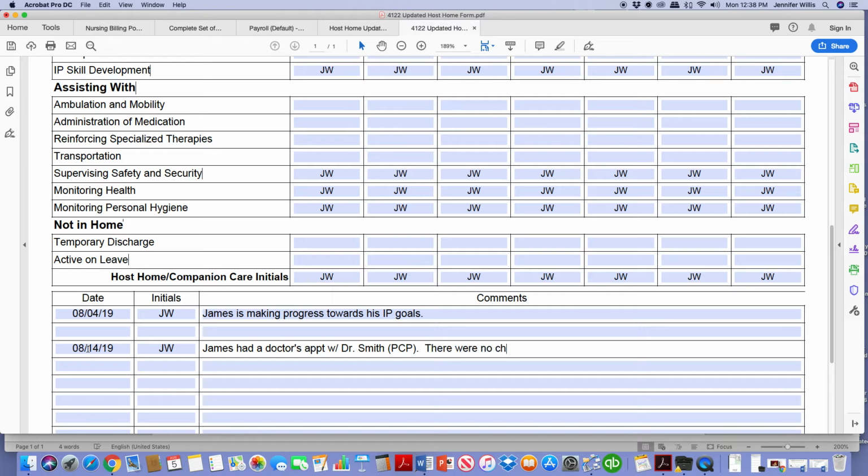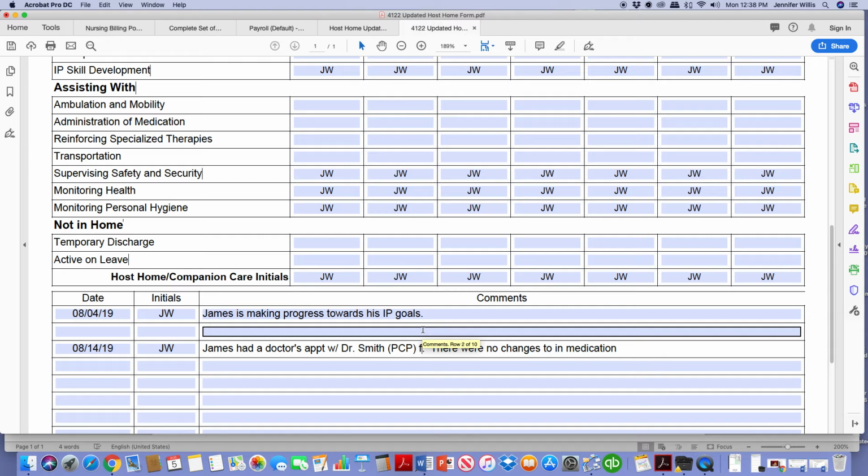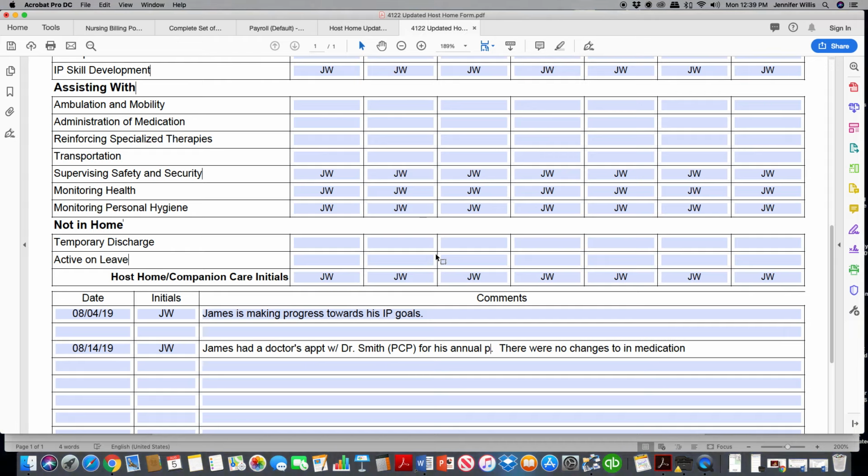James had a doctor's appointment with Dr. Smith, his PCP, for his annual physical.